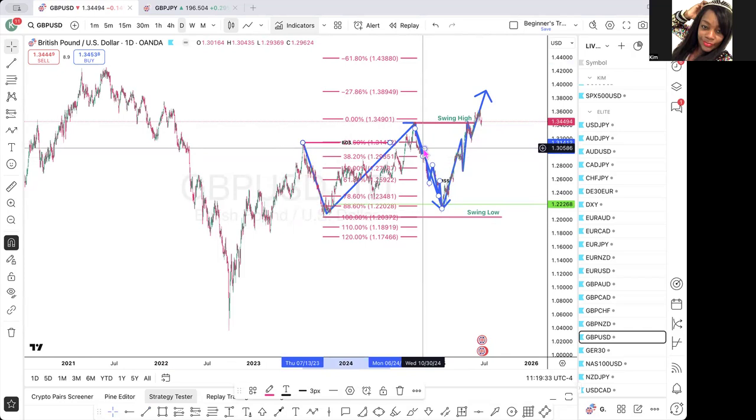The discount area, some people will use the 50%, some people will use the 618. I think I've said it 100 times, maybe because you're all new, maybe you haven't heard it 100 times yet. But for me, if price doesn't come back to the 78 or 88, I'm not trading it.